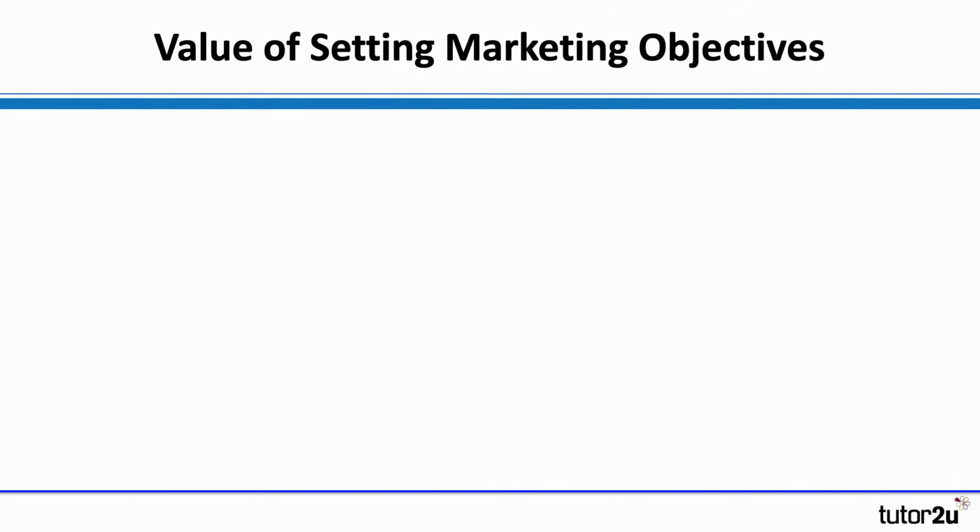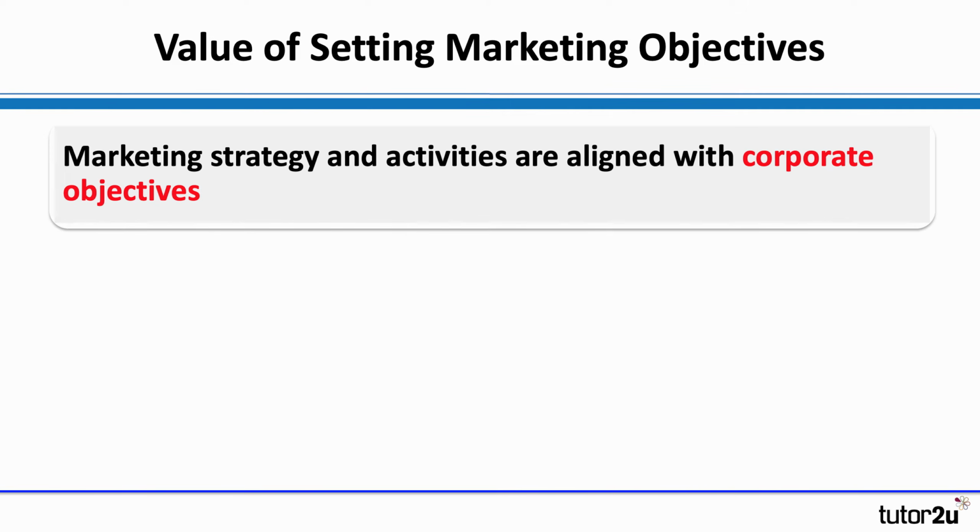Well, when we're looking at marketing objectives, in a separate video we'll look at the influences on how you set these objectives. It's clear that there are some significant benefits from setting realistic and relevant marketing objectives.